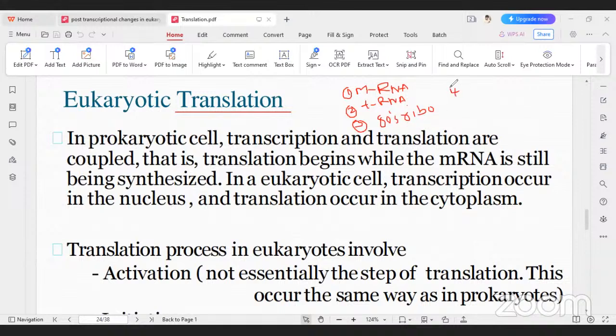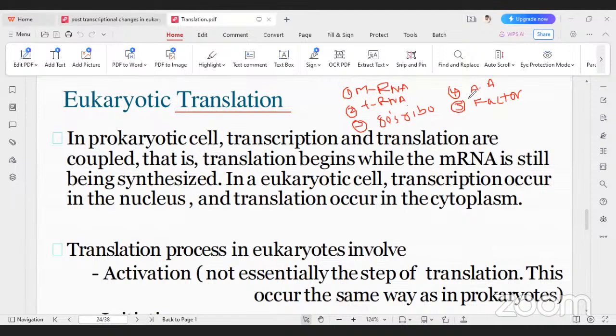Fourth, write down all amino acids, which are also present in the cytosol. And some factors: initiation factor, elongation factor, termination factor.